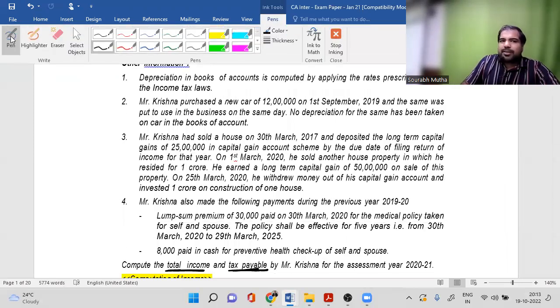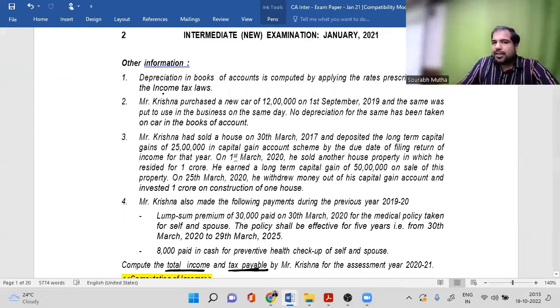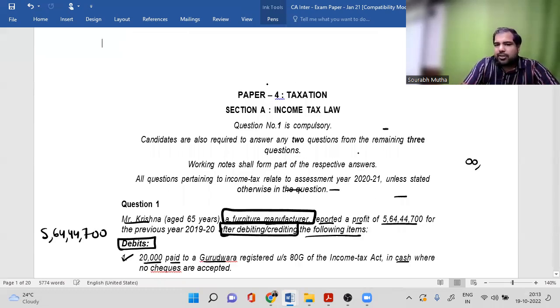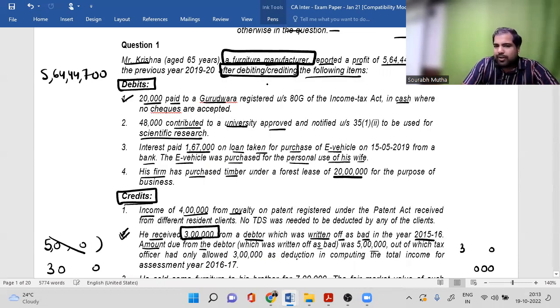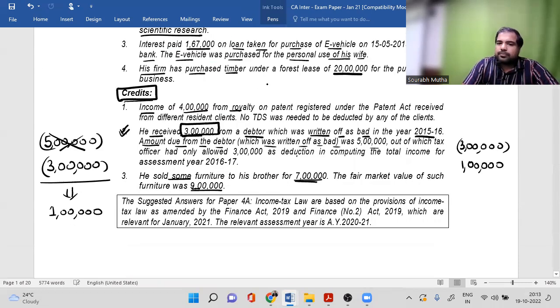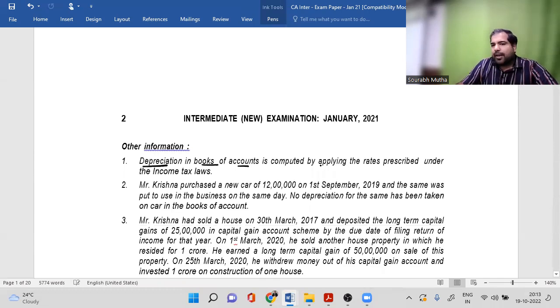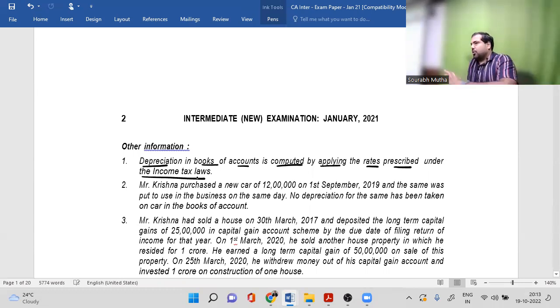Guys, imagine how many sums we did today in depreciation, and see what is asked in depreciation here. Depreciation in the books of accounts is computed by applying the rates prescribed under the income tax laws. Let me explain. Guys, can your depreciation in accounts be different from your income tax depreciation?